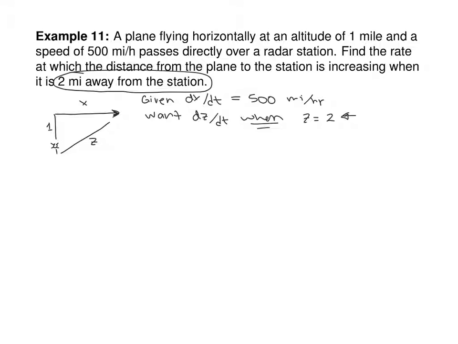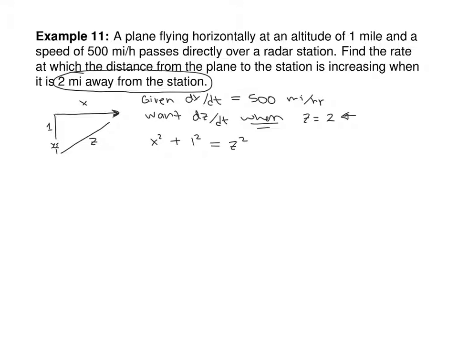Now for this one, it's okay to plug in 1 right away because that 1 is always constant. It's always 1 no matter what, as opposed to Z, which is 2 at a specific instant only. You could also have said, if that was a Y, dy/dt was 0.